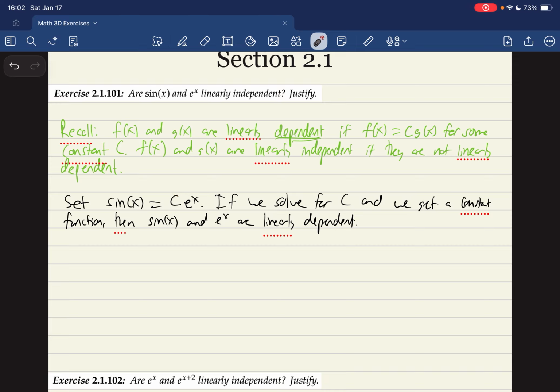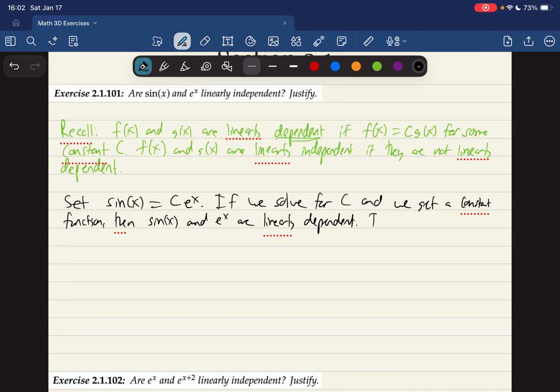And so we will have succeeded in writing sine of x as some constant multiple of e to the x. On the other hand, if c is not a constant function, then sine of x and e to the x are, as you might guess, linearly independent.